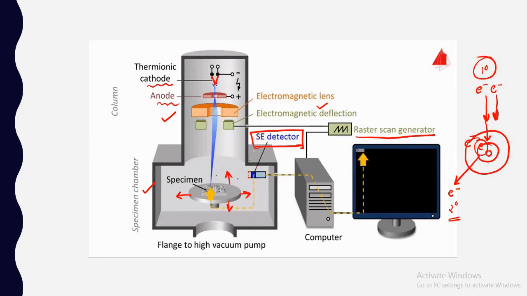This SE detector is connected to the computer right here, where your image is formed. Over here the whole scenario is about the secondary electrons. You see these blue ones coming out from the specimen, they are the secondary electrons. I hope you are clear with this one.